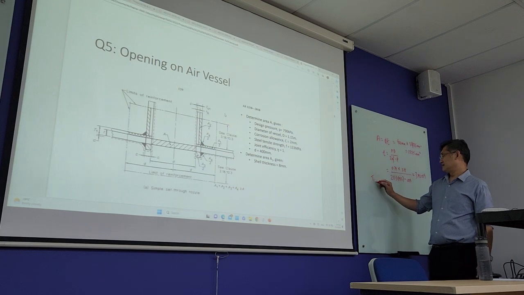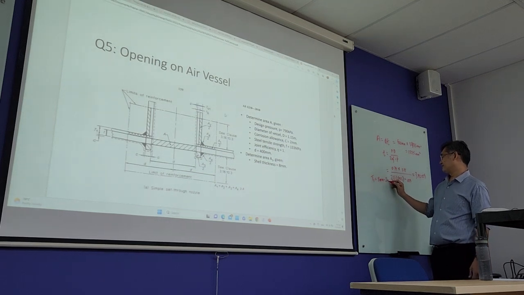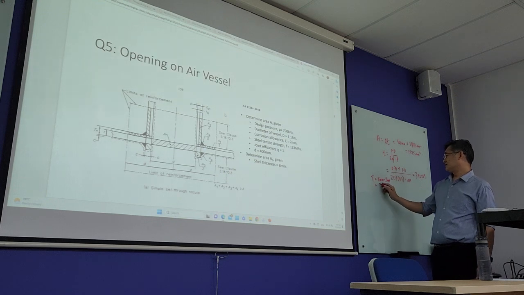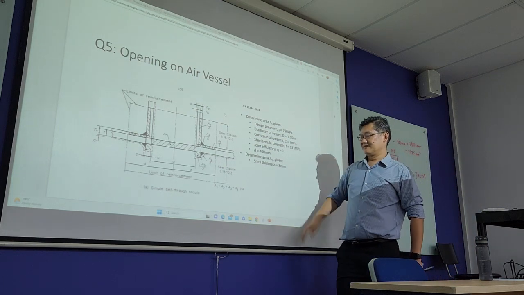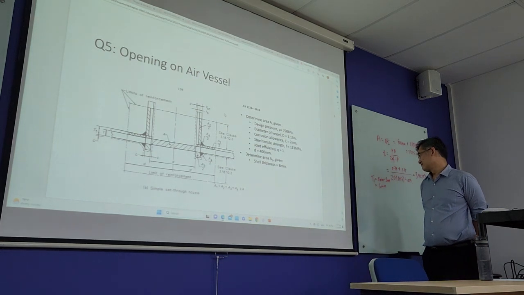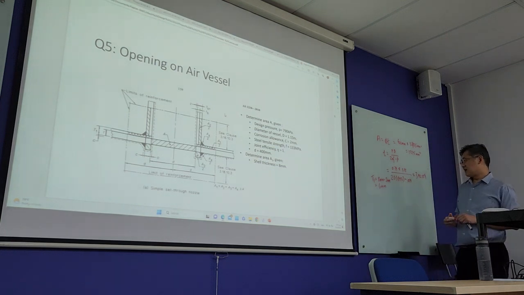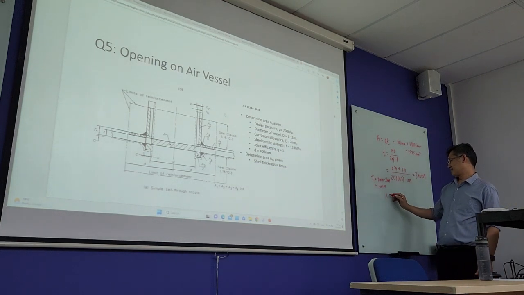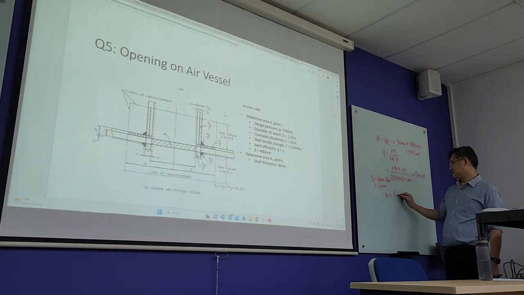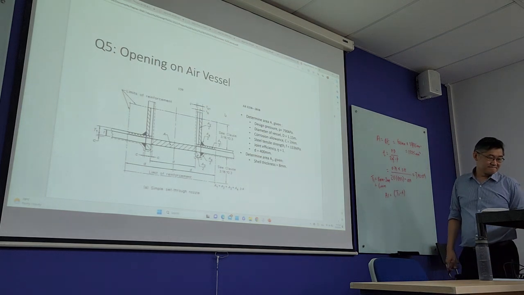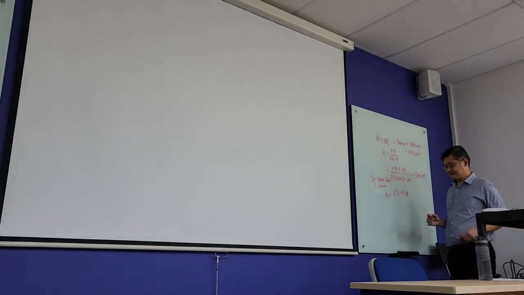So our T1, 8 mm, minus your corrosion 2 mm, so we have 6 mm here now. You must include the corrosion allowance. So now our E1 is equal to T1 minus T, and then T.